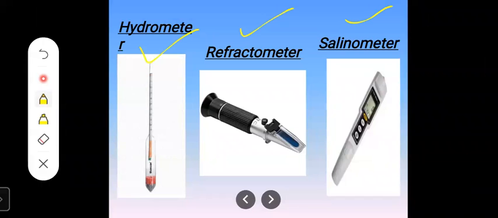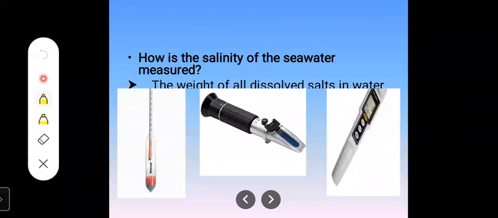These are the 3 instruments. With these 3 instruments, we are able to measure the salinity. Yes. Now, with these 3 instruments, students, here also we can easily measure the salinity.